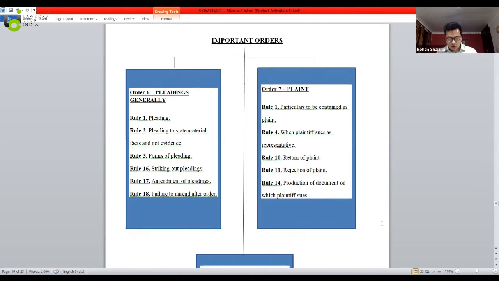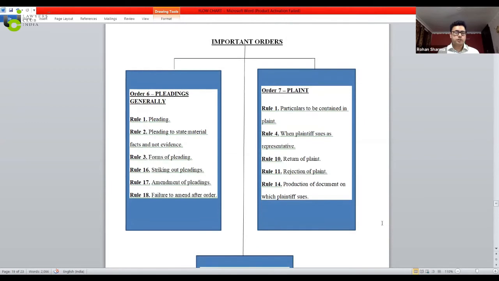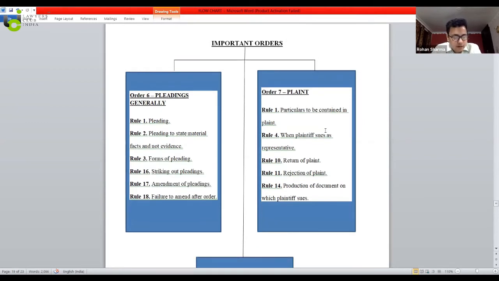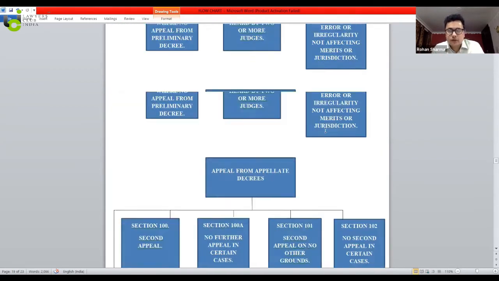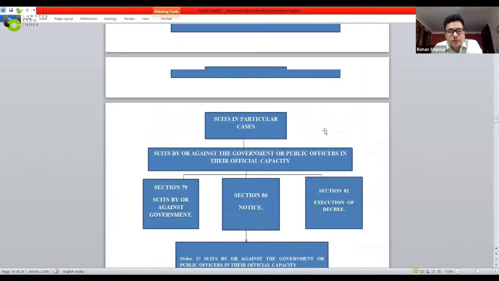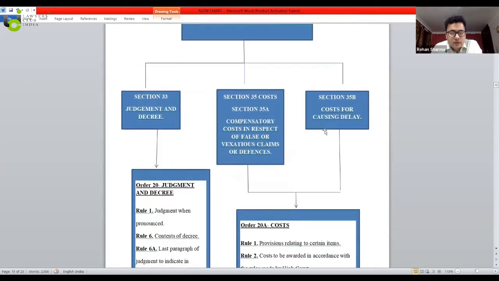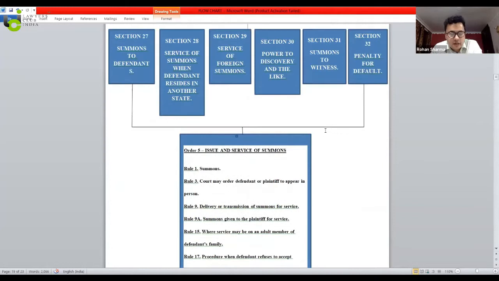Okay, now we come to the next lot, which deals with the summons. Now, once the case is instituted, once the case is registered, naturally the opposite party has to be intimated. That is intimated by way of summons.